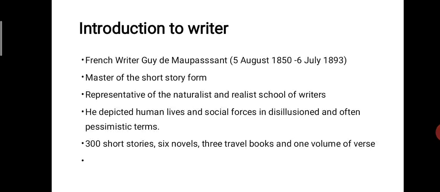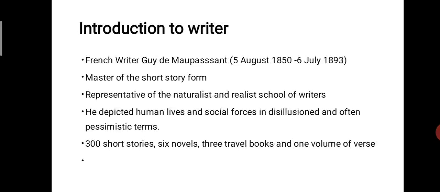See, a writer's introduction. Henry René Guy de Maupassant lived from 5th August 1850 to 6th July 1893. A French writer, he is remembered as a master of the short story form and a representative of the naturalist and realist school of writers.